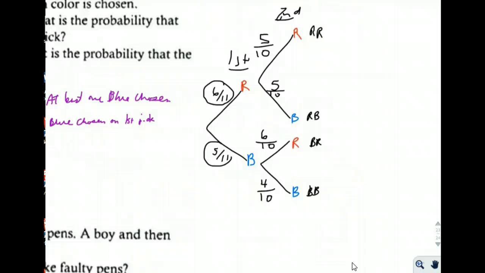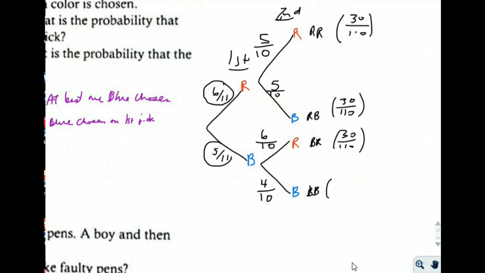Now, if you want to find out the probability of each combination, like for example, what's the probability of red, red? Well, that would be 6 over 11 times 5 over 10. So that probability would be 30 over 110. Red, blue, 6 over 11 times 5 over 10, so it would be the same, 30 over 110. Blue, red, that would be 5 over 11 times 6 out of 10, that would also be 30 out of 110.